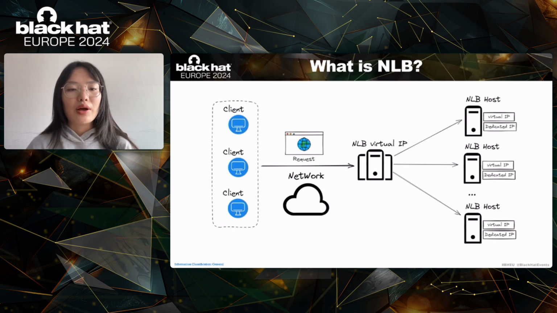From there, NLB decides how to distribute the request to one of the available hosts based on its load balancing algorithm. Each host has its own dedicated IP, which is used for management. And they all share the same virtual IP for handling client requests.